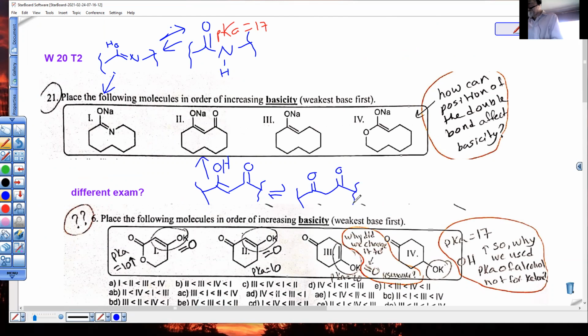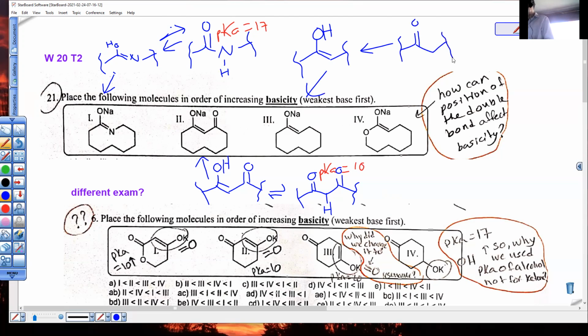Alpha to 2 carbonyls, pKa 10. And this came from just one carbonyl. Well, let's be consistent here. Just put the H on it. It looks like an enol, but we know enols come from the more stable pi belonging to the, in this case, ketone. And the pKa of that alpha position is 20.